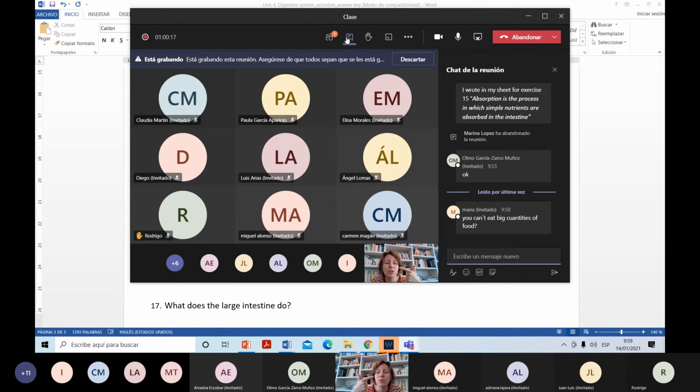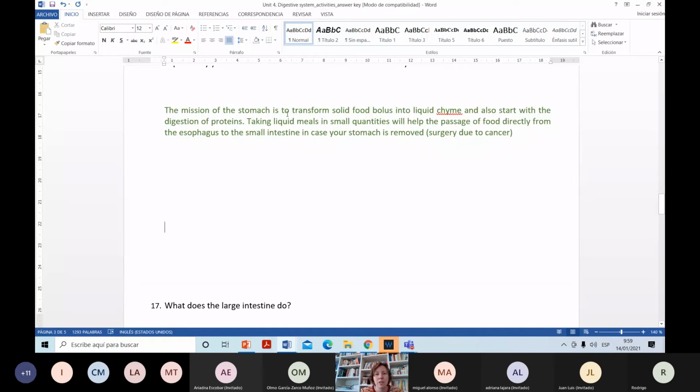The other one, it shouldn't contain complex proteins because you're not going to have pepsin working so much. Okay, so as long as you take liquid meals in small quantities, then there would be no problem.